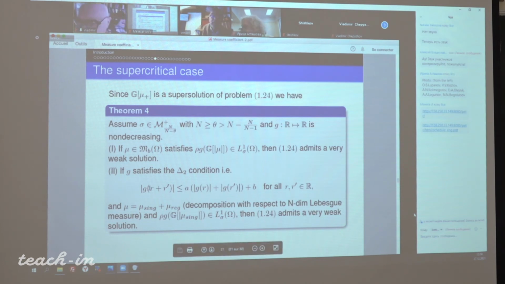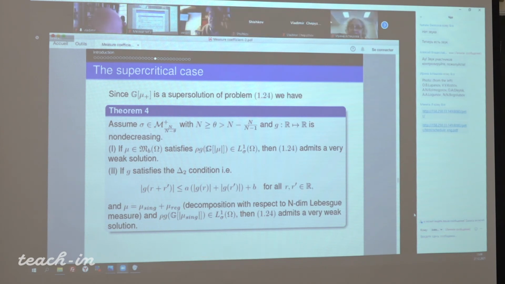Now, as I told you, if G satisfies the delta-two condition, that means the absolute value of G of r plus r prime is bounded by A times the absolute value of G of r plus the absolute value of G of r prime plus E, then you don't need to have a whole estimate of rho G of mu in L1 of sigma, just only on the singular part.